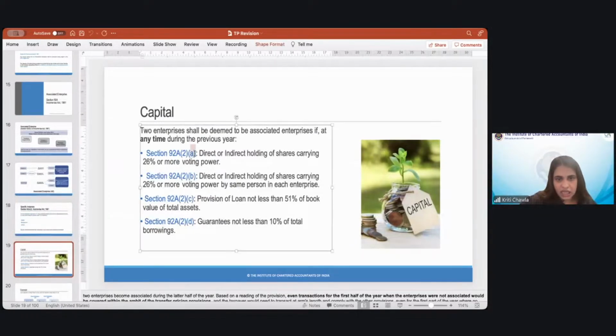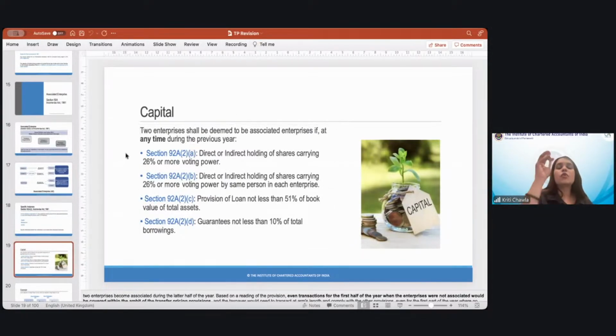This is clause A, and it says that if one enterprise holds directly or indirectly share capital of 26% or more voting power in the other enterprise, well, then they will be associated to each other. Now, what exactly is this voting power?